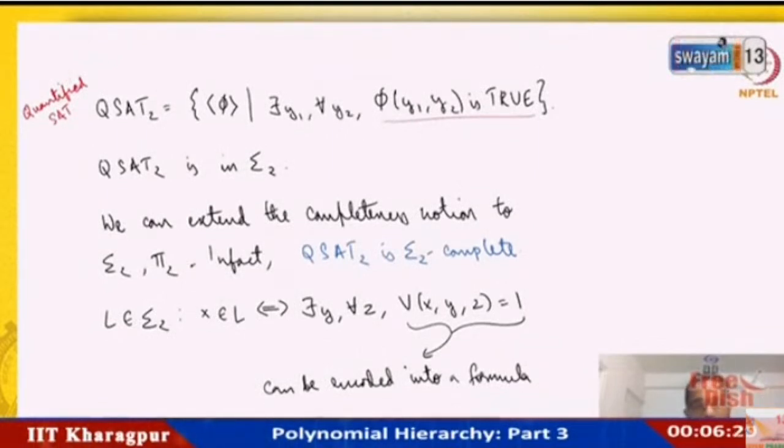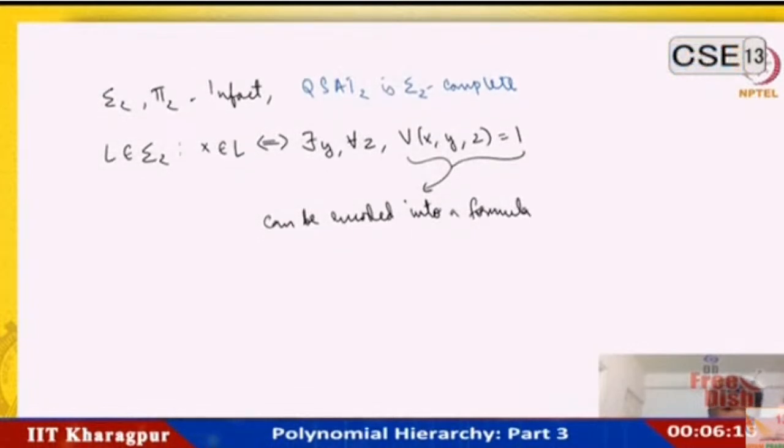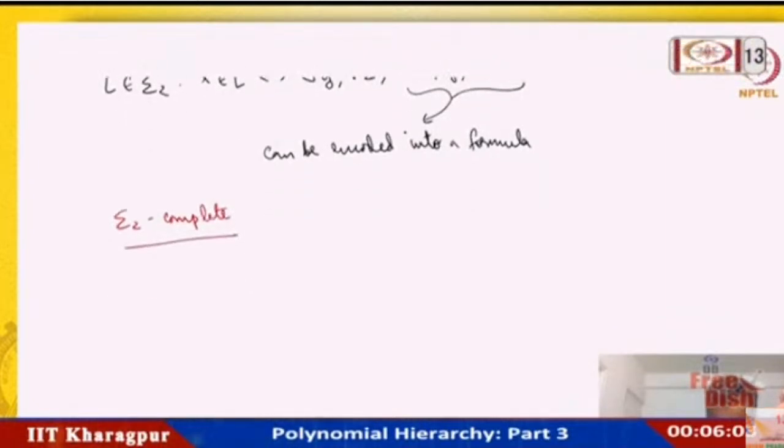So again, we have not even defined sigma 2, but we can define it in exactly the same way that we defined NP complete and co-NP complete. So what is sigma 2 complete? Just to define sigma 2 complete.